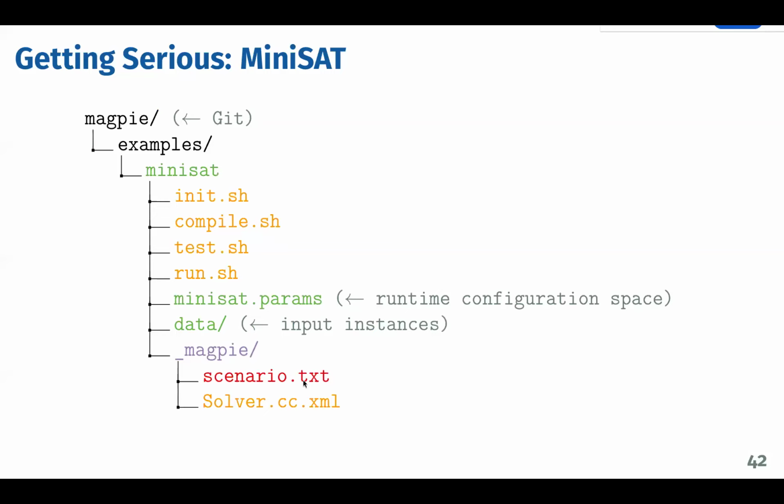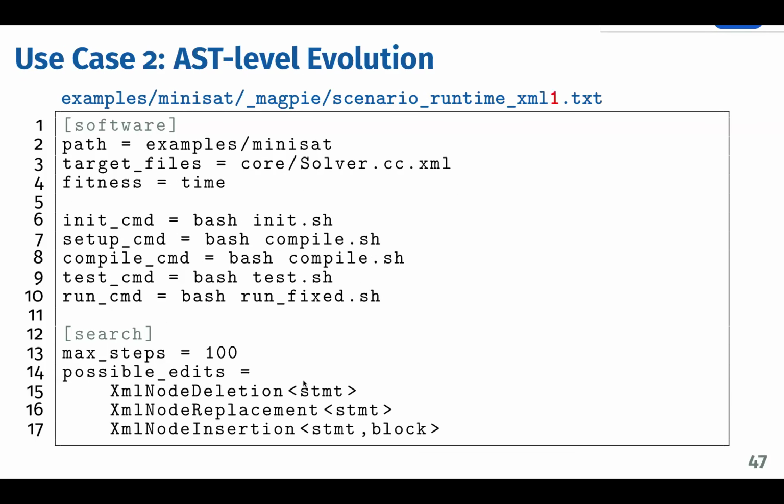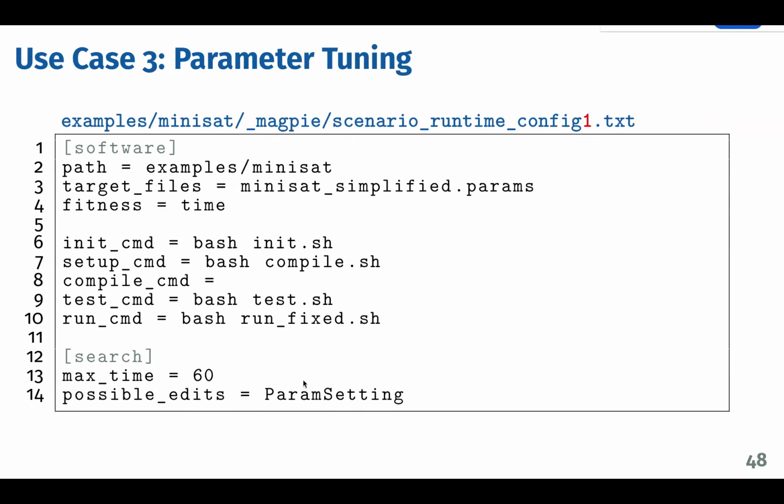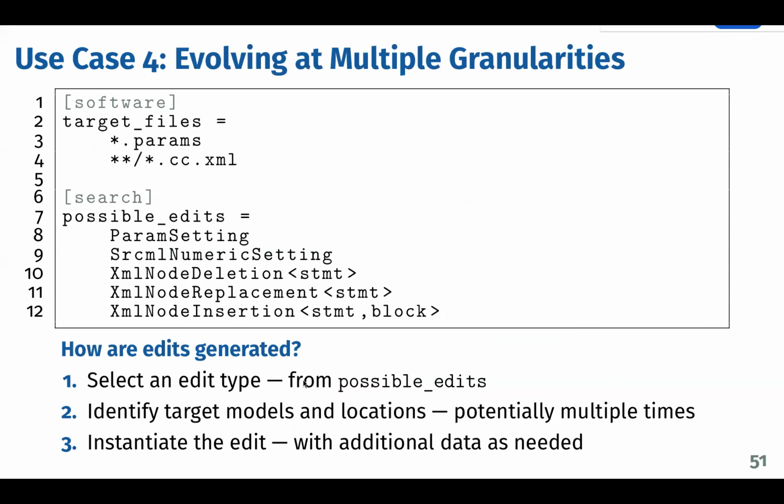I will skip the second part because it's the end of the allocated time. But if you go through GitHub, there is a part that is dedicated to Minisat, in particular how to do line level evolution for Minisat, AST level evolution for Minisat, parameter tuning for Minisat, and the stuff that goes with parameter tuning, evolving multiple kernels at one time.